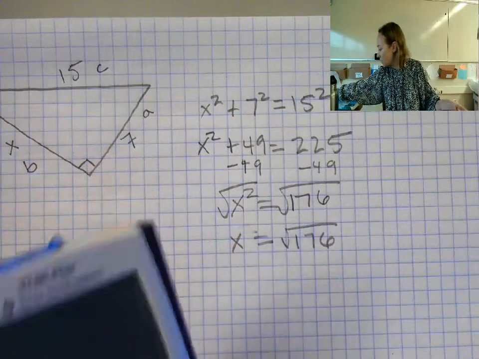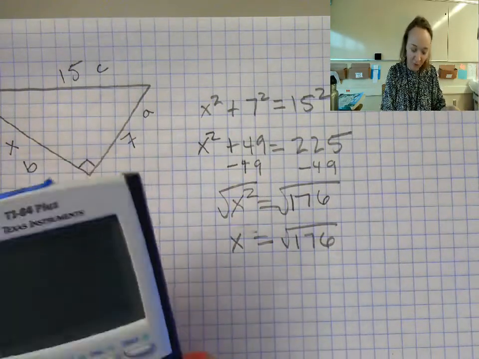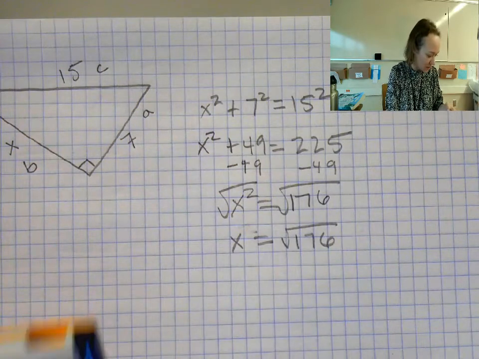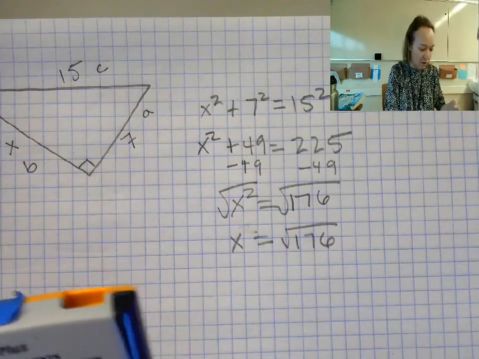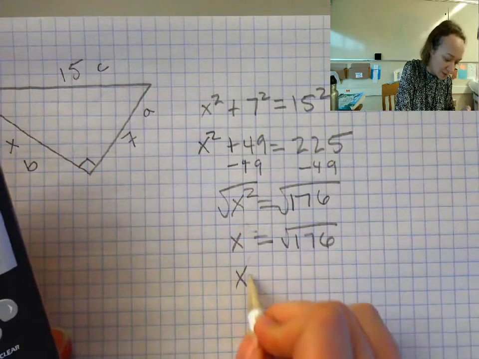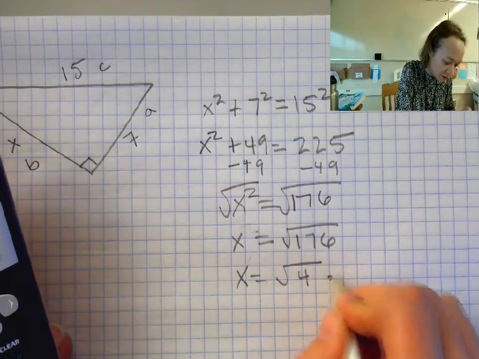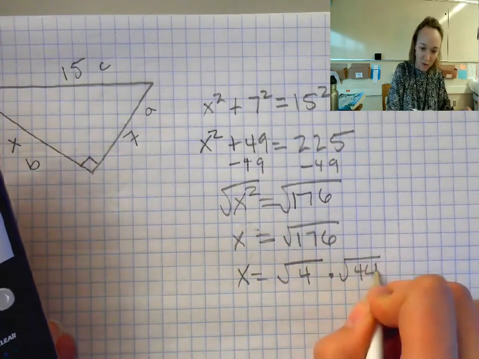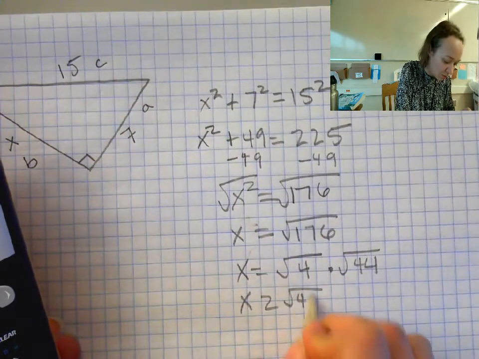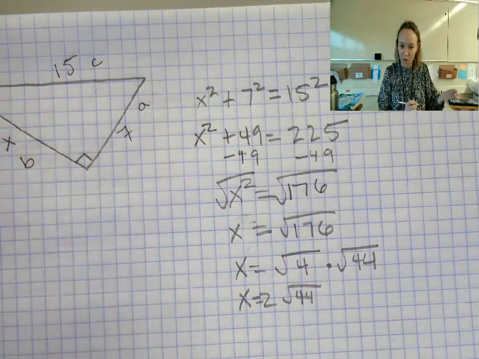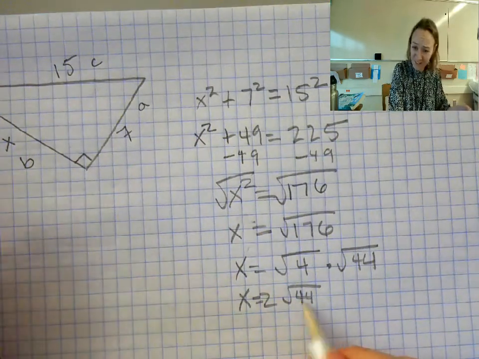So I'm going to start at the top of my list here, well, except not 1, because 1 doesn't help, but I'm going to divide it by 4 and see what happens. I'm going to do 176 divided by 4. Oh, sure enough, it gives me 44. So I can simplify. This gives me the square root of 4 times the square root of 44. So that would be 2 root 44. Now, square root of 44, I can just look at that.